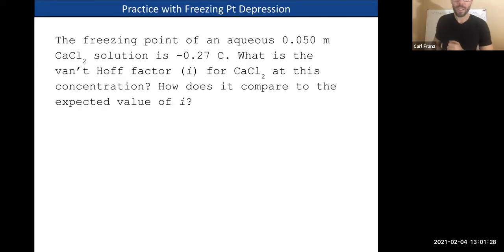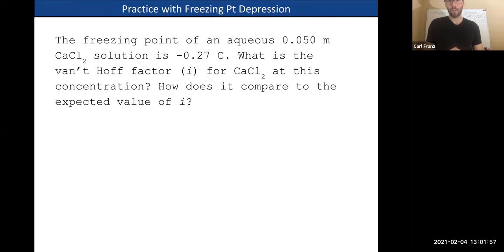So here's a problem that's asking, the freezing point of aqueous 0.050 molality calcium chloride solution is negative 0.27 C. Okay. What is the Van Hoff factor for calcium chloride at this concentration? And how does it compare to the expected value? Okay.